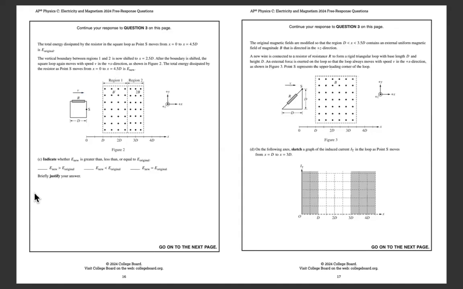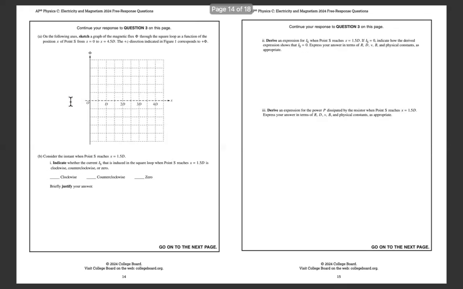The vertical boundary is now shifted to the right, and you are trying to figure out the total energy dissipated and how that's going to change. So let's go back to the graph. I like to do that so I can see how the flux is going to change. So here's what we had originally again.